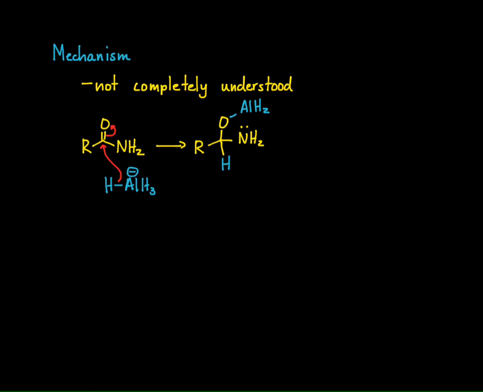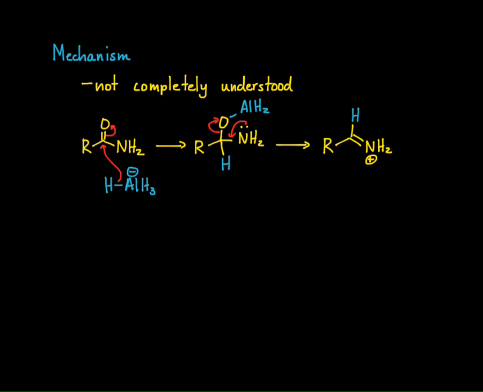And the reasons for this aren't completely understood, but we do know that the nitrogen has a pair of electrons, and what we think happens is that those electrons get donated to the carbon, and you actually lose AlH2O minus. What you generate is this species here, right? So nitrogen now has a double bond to carbon.